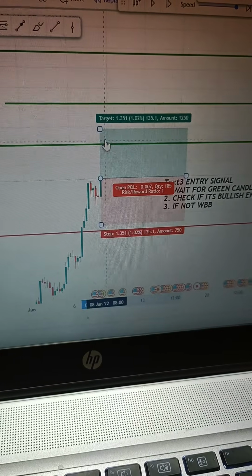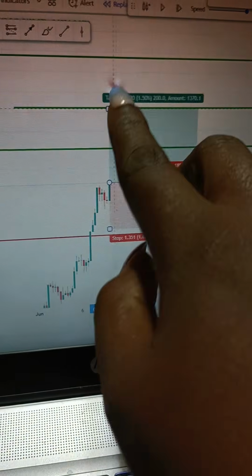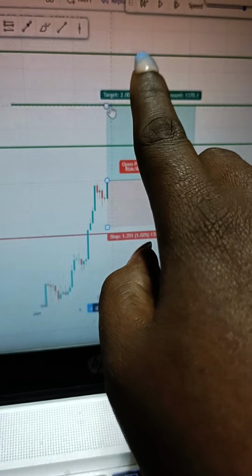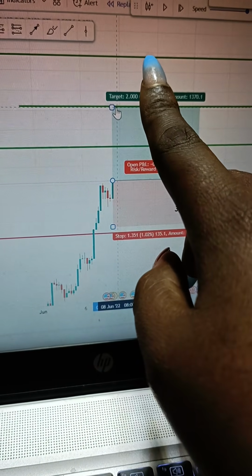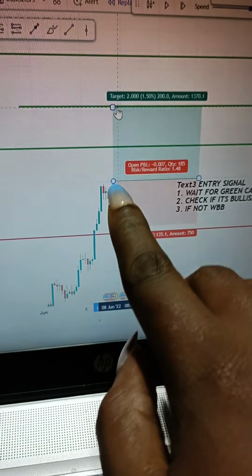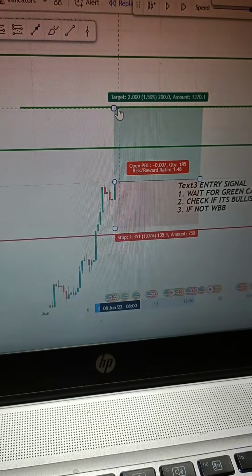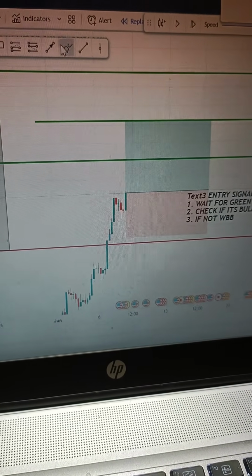Position 1, you can target take profit 1. Position 2, you can target take profit 2. But for position 3 you have to be very, very careful, because most of the time the market does not hit take profit 3, but take profit 1 and take profit 2 are an accurate trade.